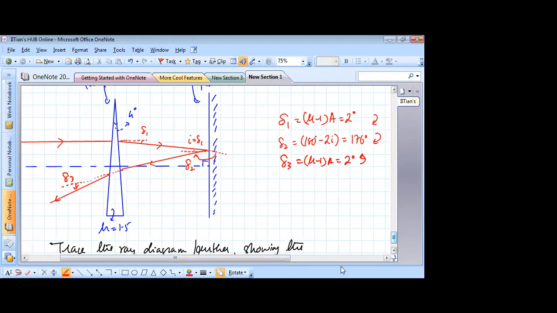Understood why this should be anti-clockwise? So your net deviation becomes how much? 2 degrees clockwise, 176 degrees clockwise, and then 2 degrees anti-clockwise. It will be 176 degrees clockwise.